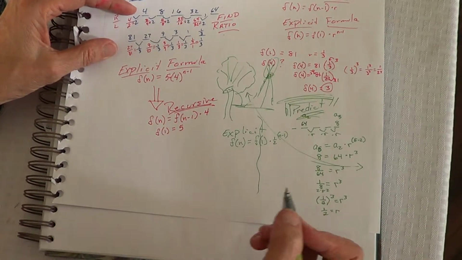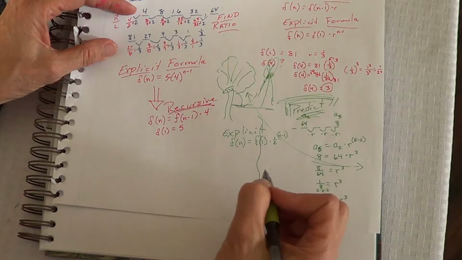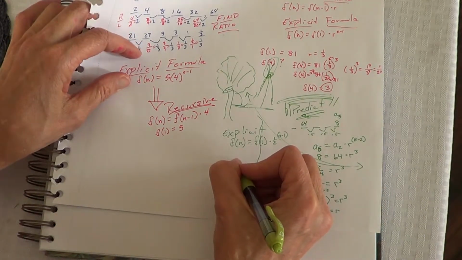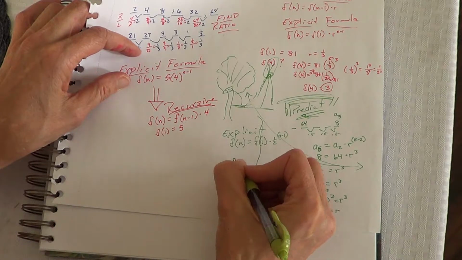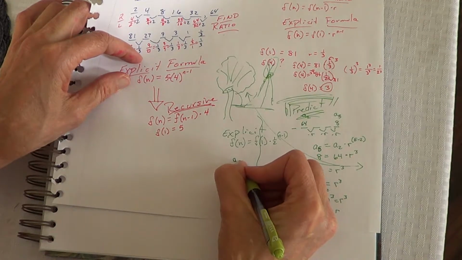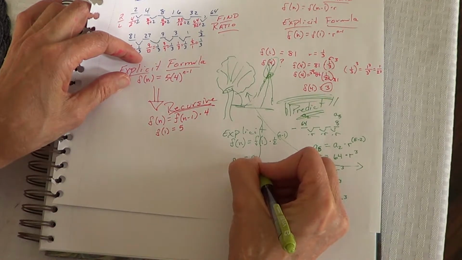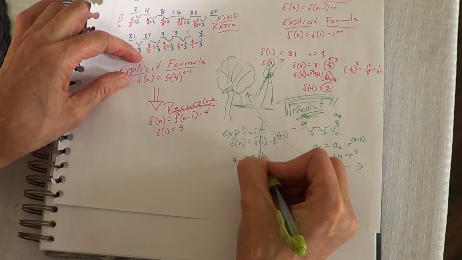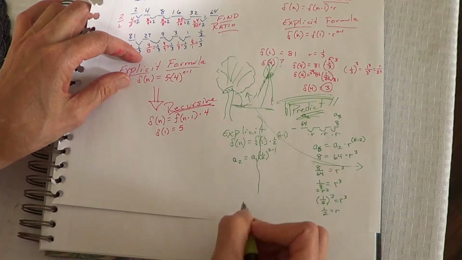So here we go. First thing that I would do in trying to find this is I would plug back in the A2. I'm trying to find my A1, so I have A2 equals A1 times 1/2 to the 2 minus 1.